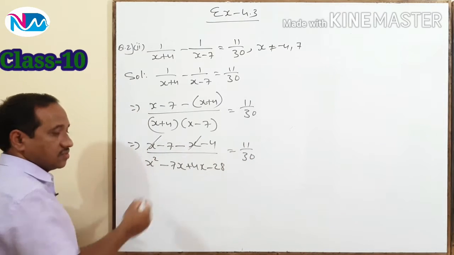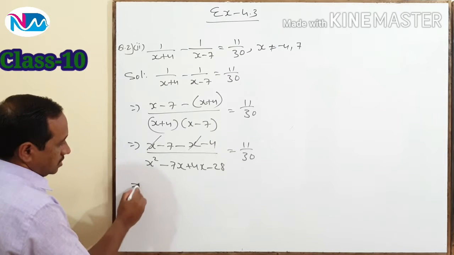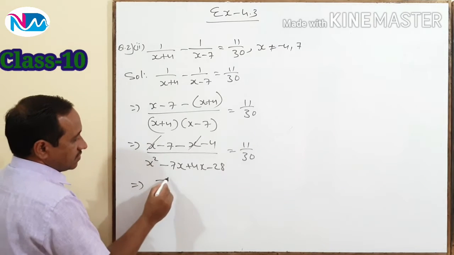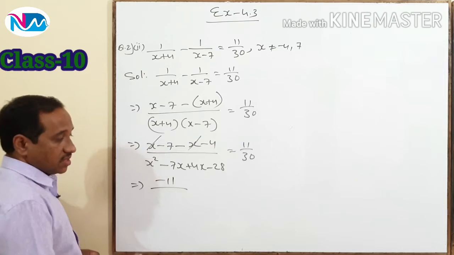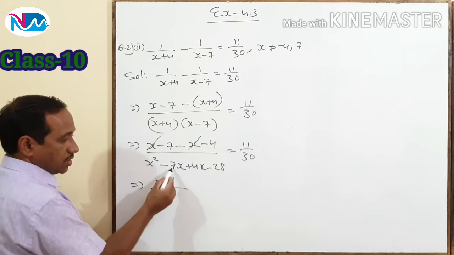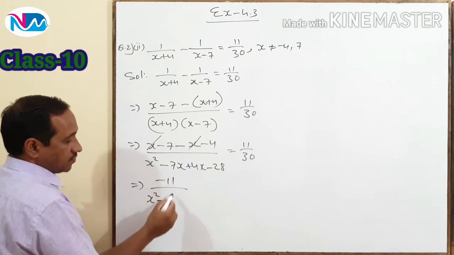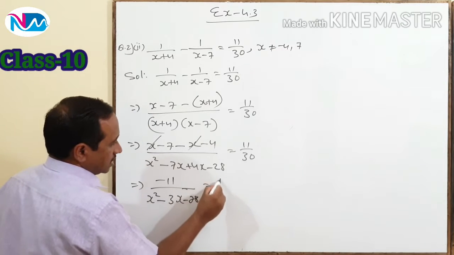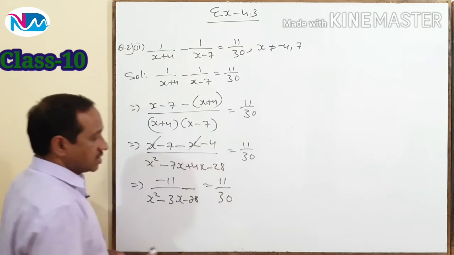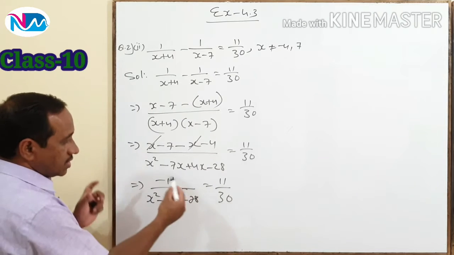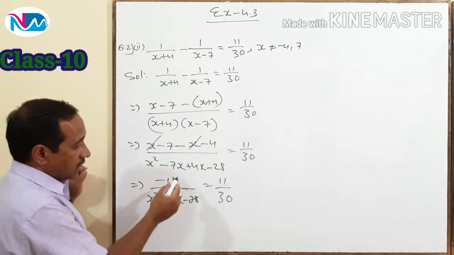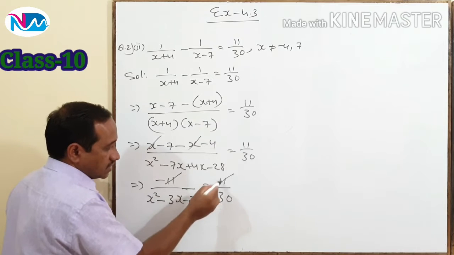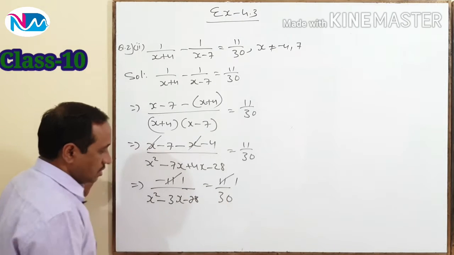Here x and x will cancel. That gives minus 7 minus 4 is minus 11, divided by x square minus 7x plus 4x is minus 3x, minus 28, is equal to 11 by 30. Now in LHS and RHS we have 11 common, so we can cancel, so we get 1 and 1.